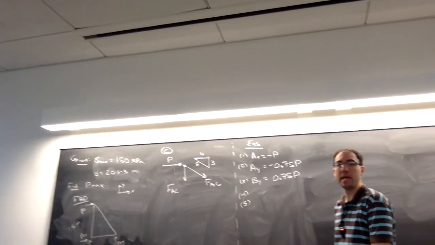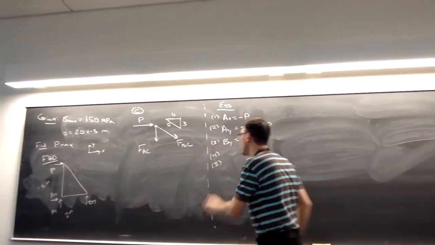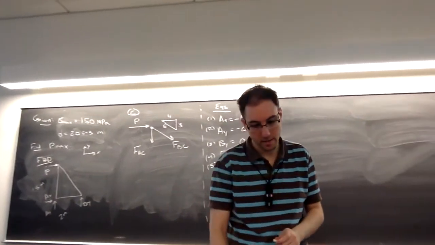From the picture at C, I can now find the internal forces in terms of that applied force P. So I can find the value of FAC, the internal force in member AC.